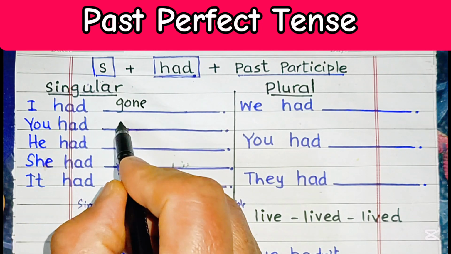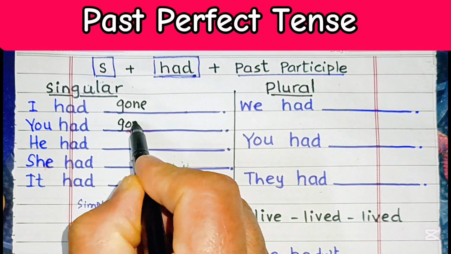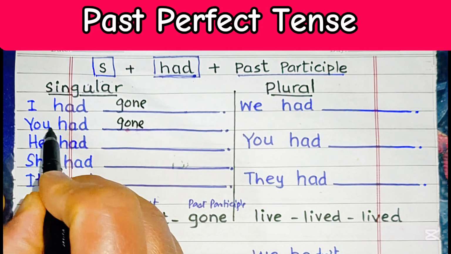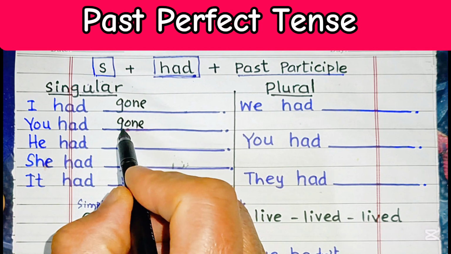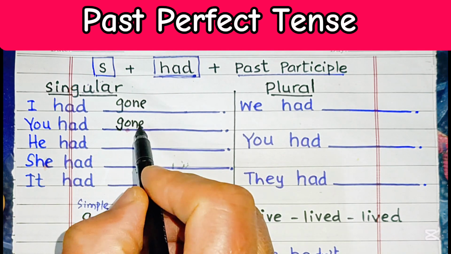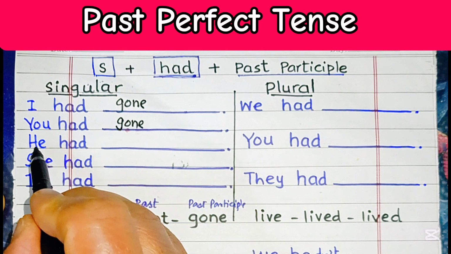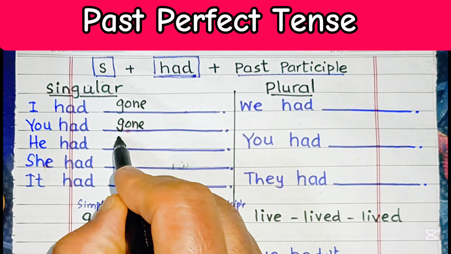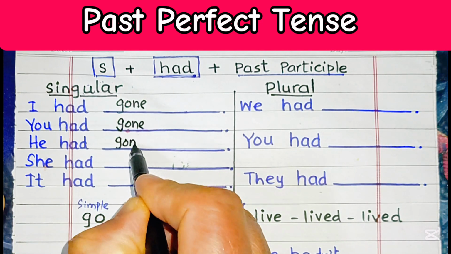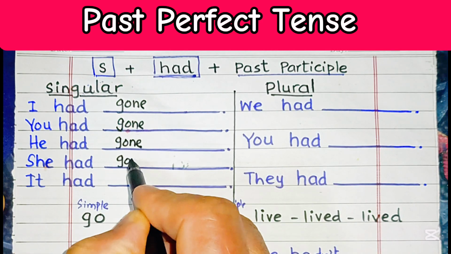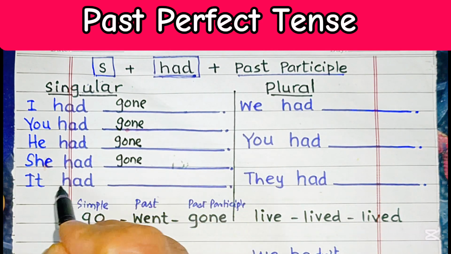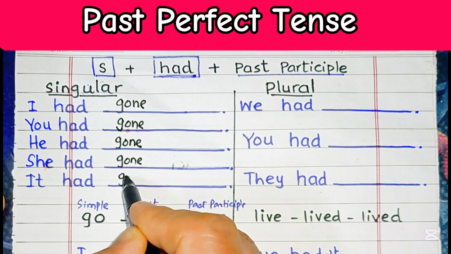You had gone. Subject, then had, followed by the past participle form of the verb, that is gone. He had gone for men. She had gone for women. It had gone for things.